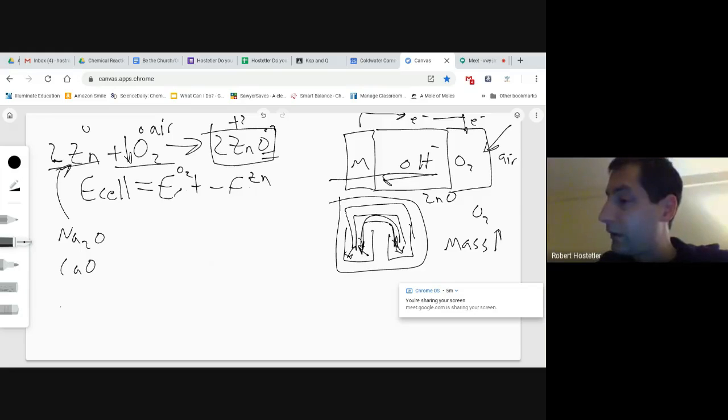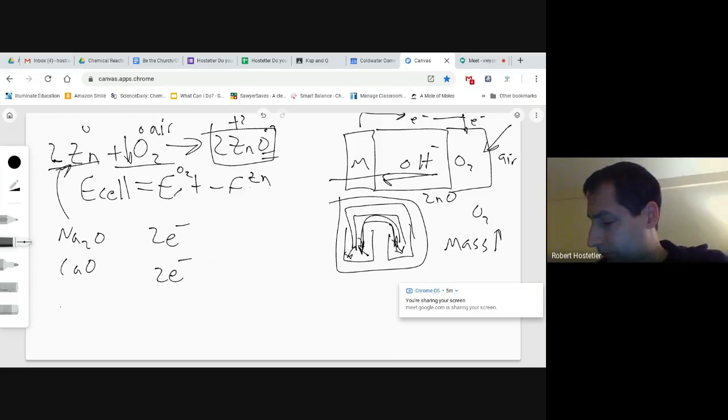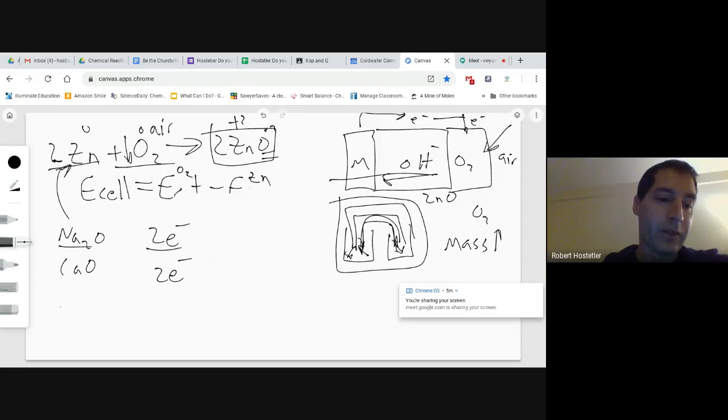But if you look at the reduction potentials, both of those involve the production of two electrons. Well, actually, this is one sodium to one electron, and then this is one calcium to two electrons.